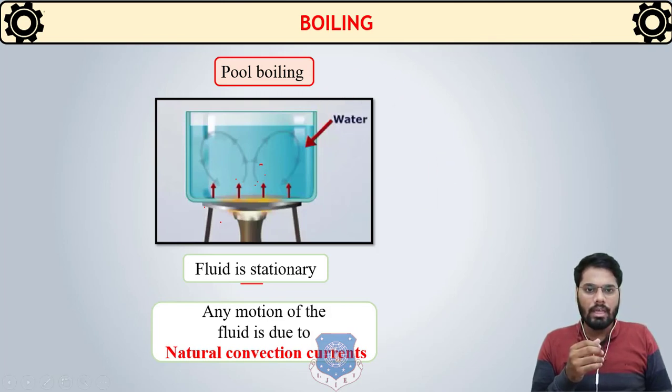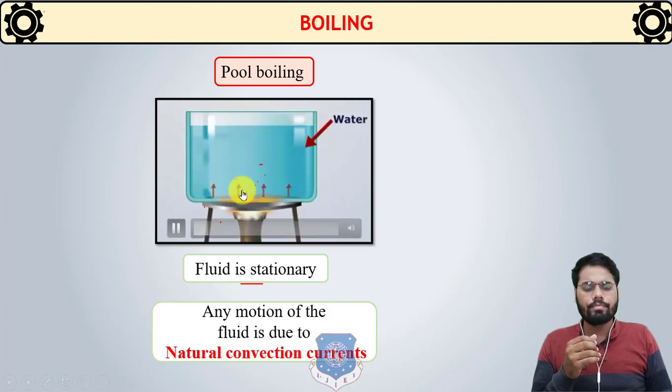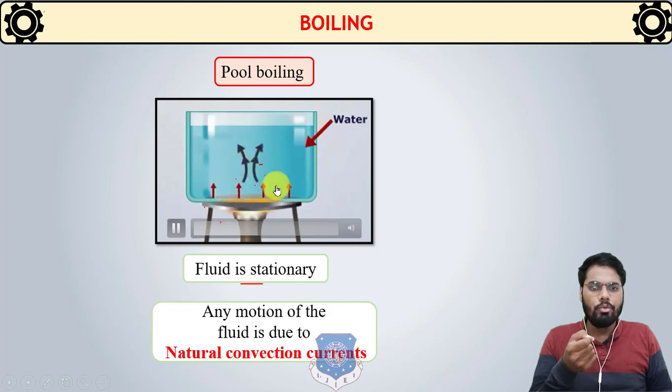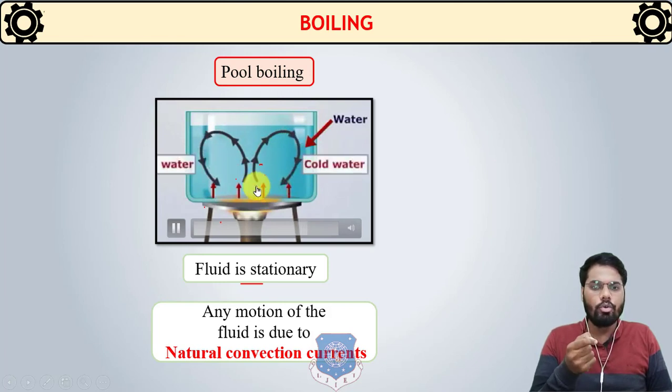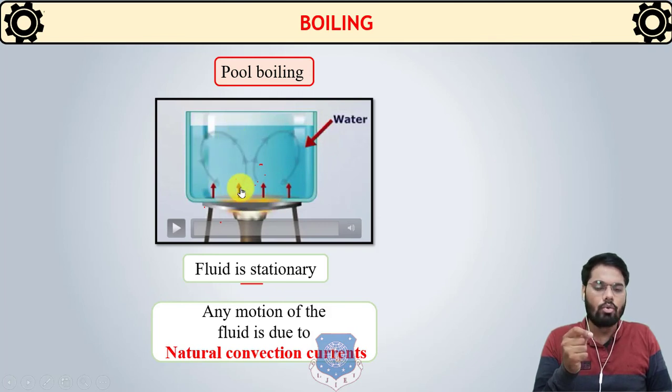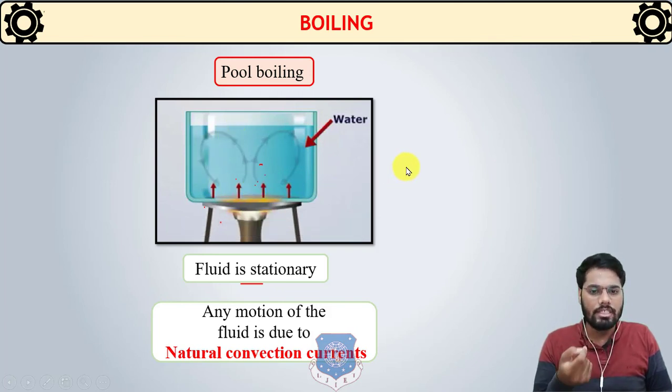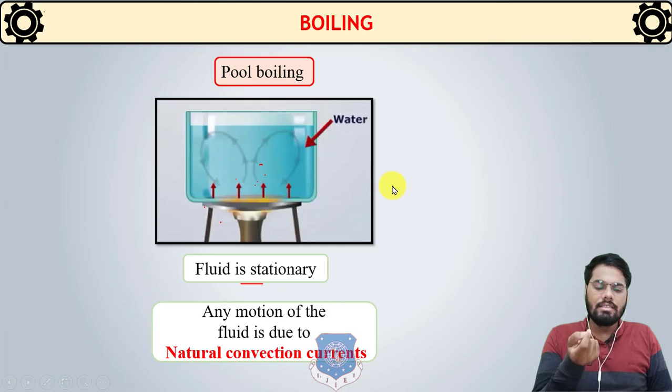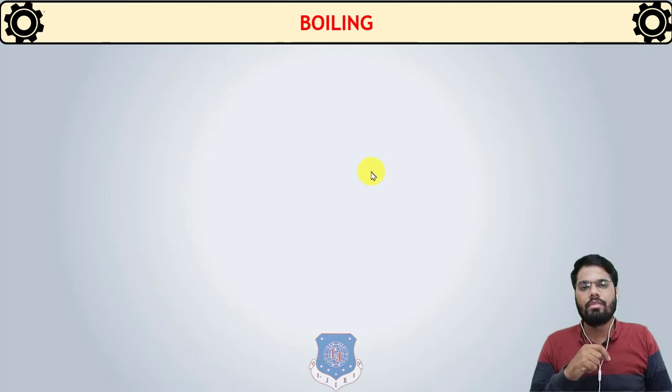As you can see from this video, convection currents are generated, and the layer which gets heat moves upwards and the higher density layer comes downwards. This is known as convection currents, and due to this natural convection, the motion of the layers happens in this water.